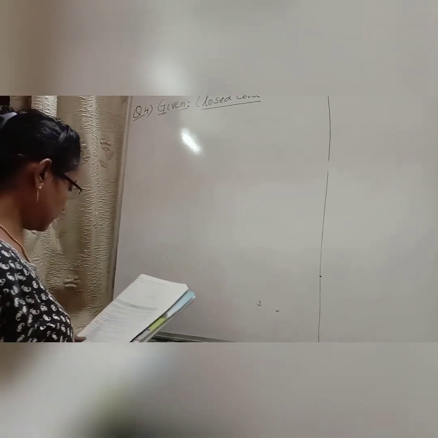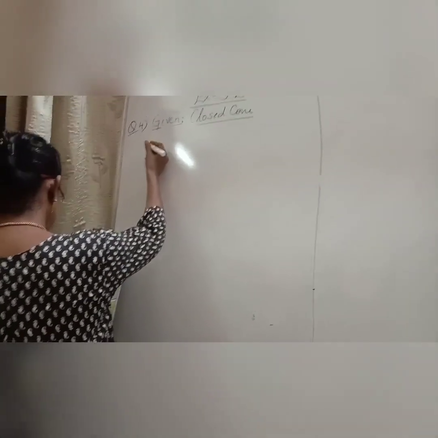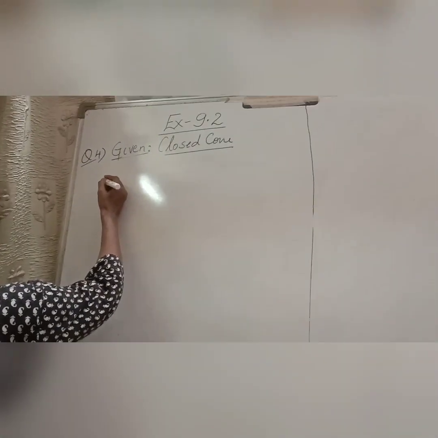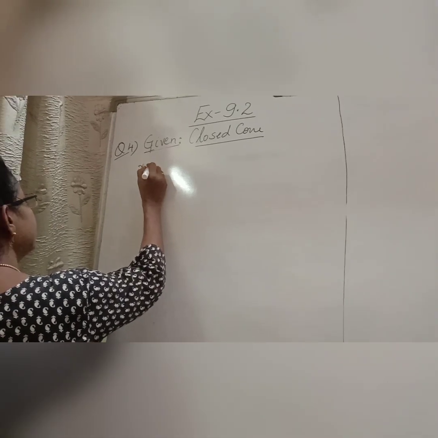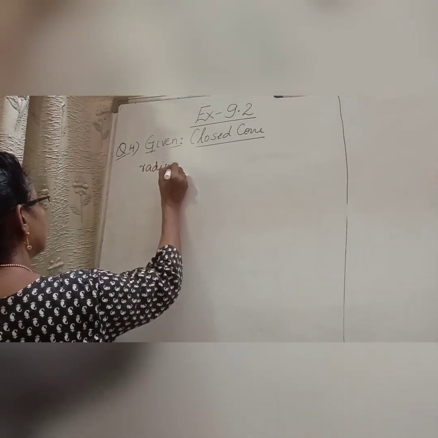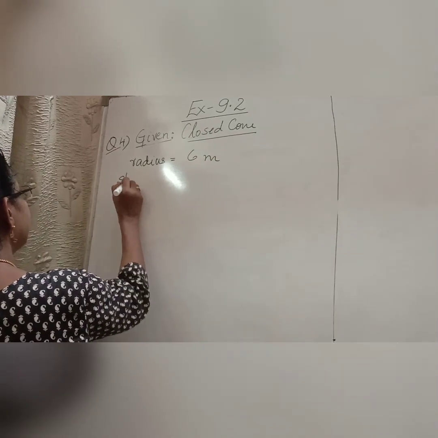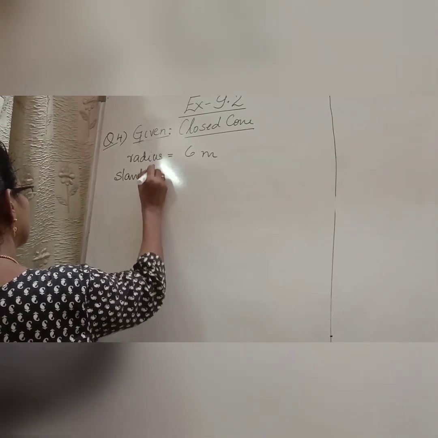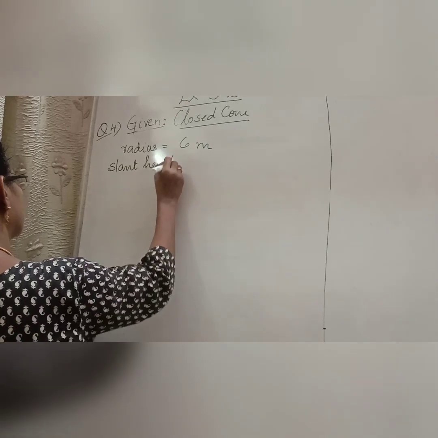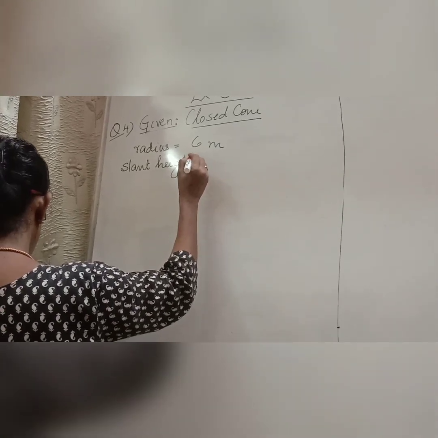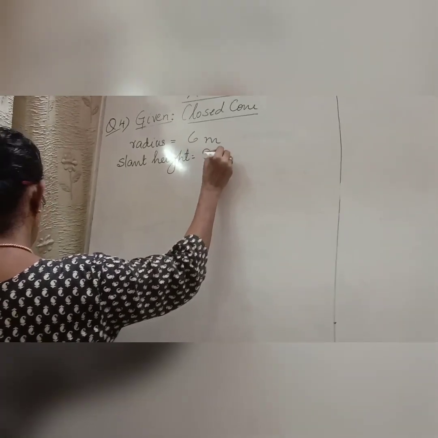So what is given? Radius is given 6 meter. Slant height is given 8 meter.